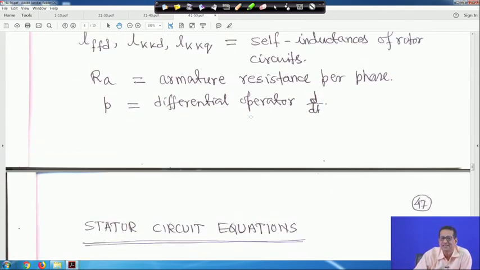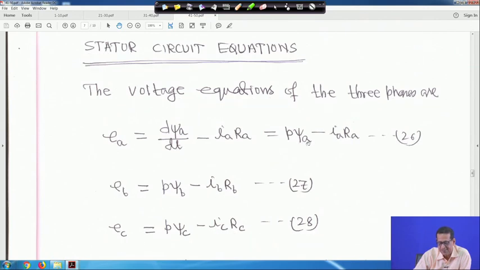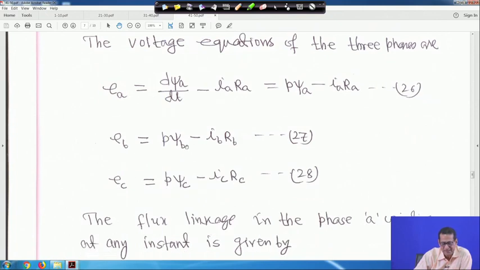Therefore this equation you can write as P psi a minus IA RA. This is equation 26. Similarly EB is equal to P psi b minus IB RB, equation 27. And EC is equal to P psi c minus IC RC for phase C. This is equation 28.